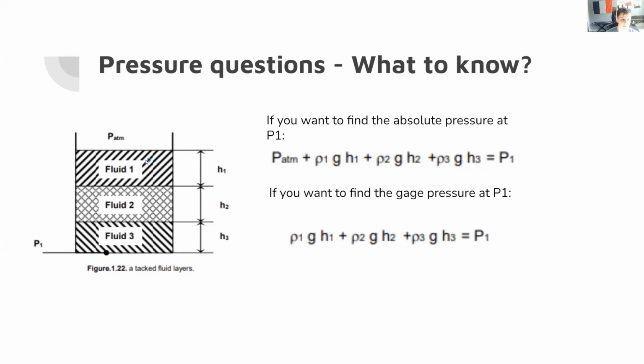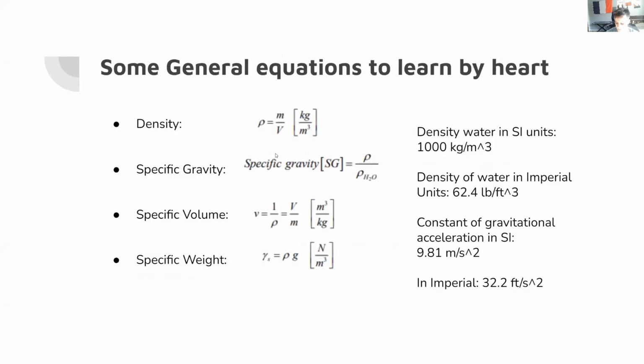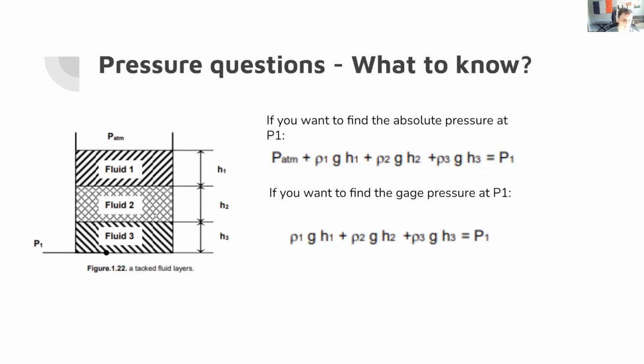So that's only if you were to go down. What happens if you go up? If we had a container right on the side here, and we had a fluid 4, for example, you would use this exact same equation. But since you're going up, you're relieving pressure.